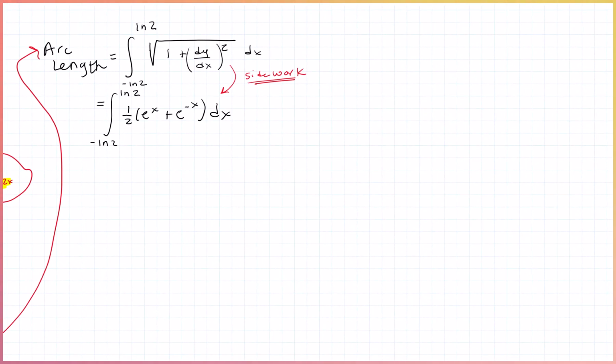And this actually works out to be a very nice little integral because we can pull the 1/2 out in front, and then we're just integrating e to the x, which is e to the x, and then we're integrating e to the negative x, which ends up being e to the negative x over -1, because there is a -1 right here. But I'm going to just write that as negative e to the negative x. And we're evaluating it from negative natural log of 2 to positive natural log of 2.